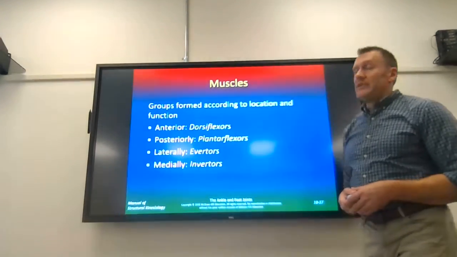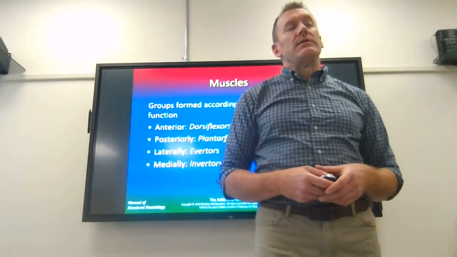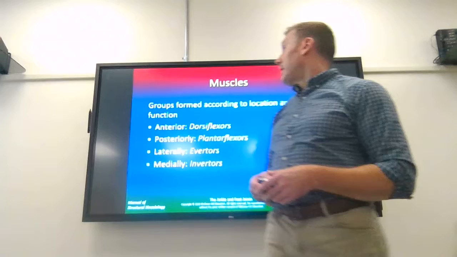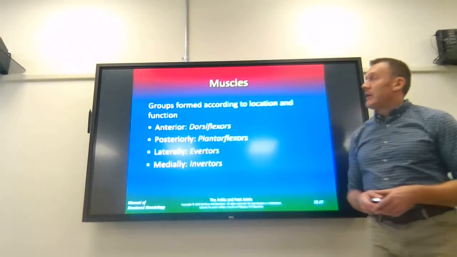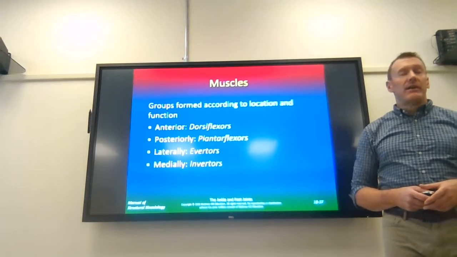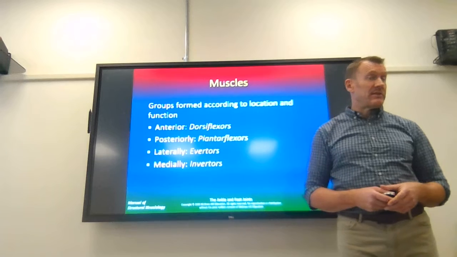So muscles, just like other chapters, the location of the muscles tends to affect their action. Anteriorly, we have the dorsiflexors, so they're pulling up on the top side of the foot. Posteriorly, we have the plantar flexors.